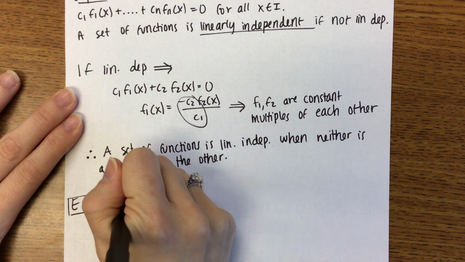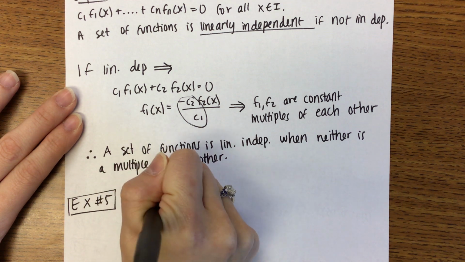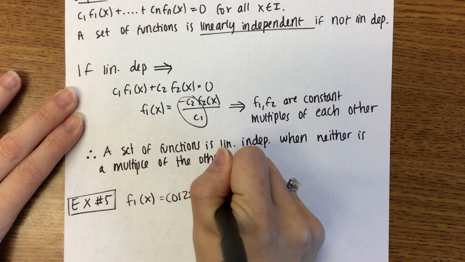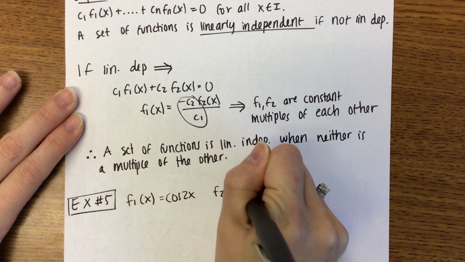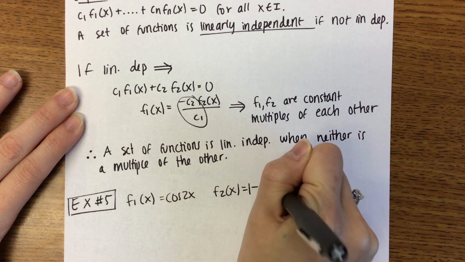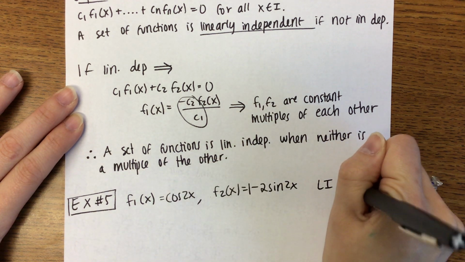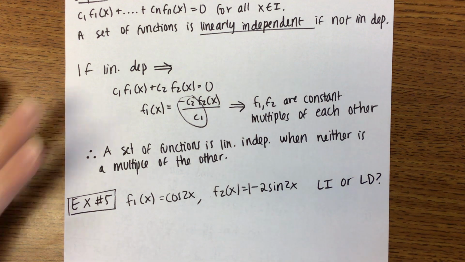First example, let's consider two functions. f1 of x is cosine of 2x. f2 of x is 1 minus 2 sine squared of x. I want to know if these functions are linearly independent or linearly dependent.